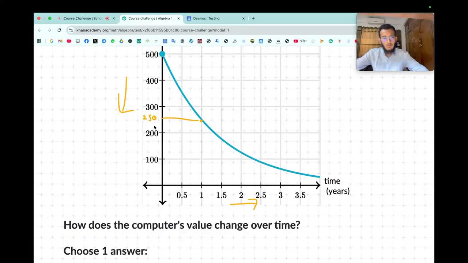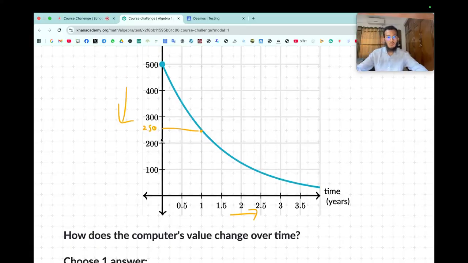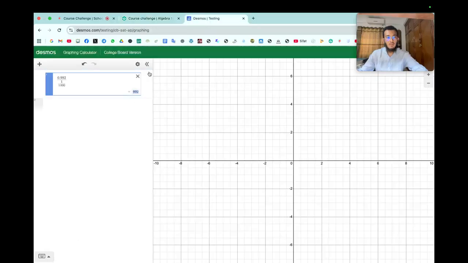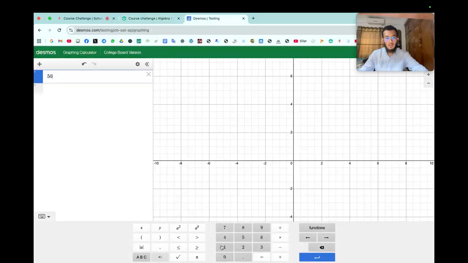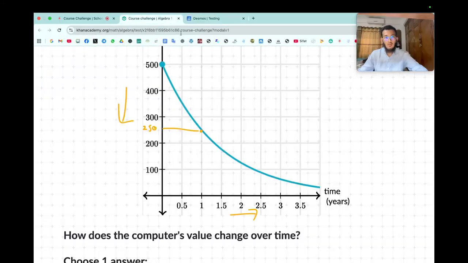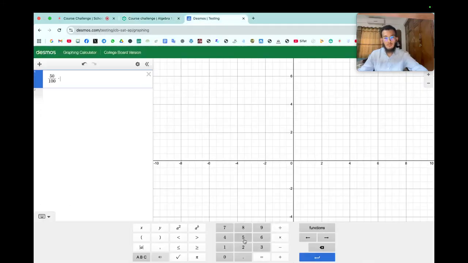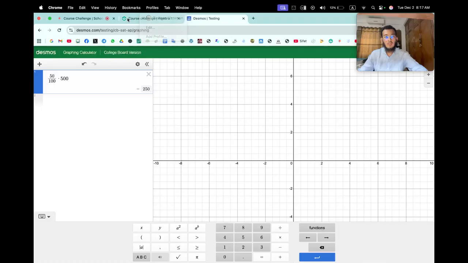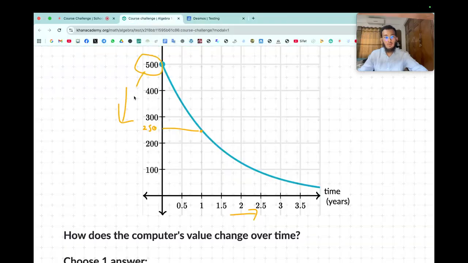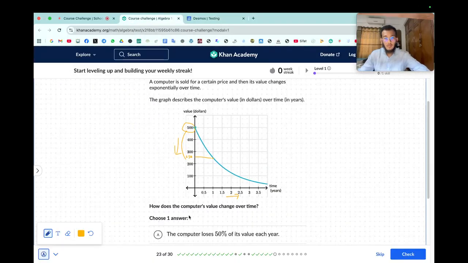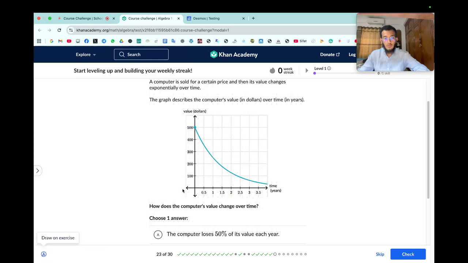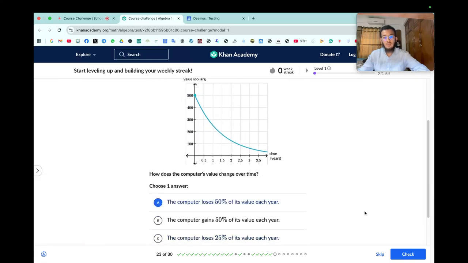This is 200, 300, 250. So it is 50%, because 500 is 250. As you can see, it became half from 500 to 250 just after 1 year. So the computer will lose 50% of its value each year.